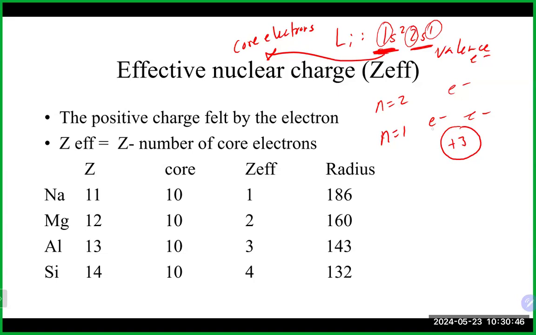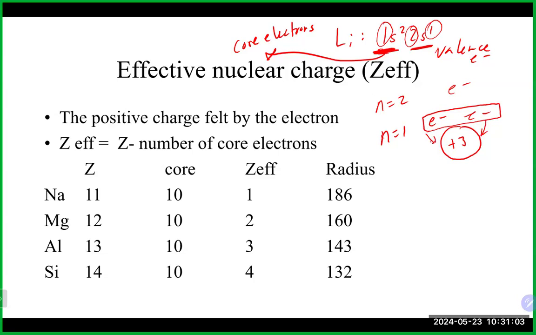When we look at these core electrons, because they are very close to the nucleus, they're going to feel the full brunt of that positive 3 charge coming off the nucleus.